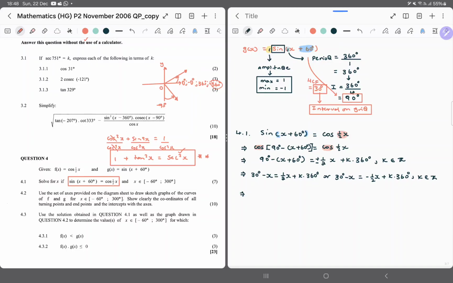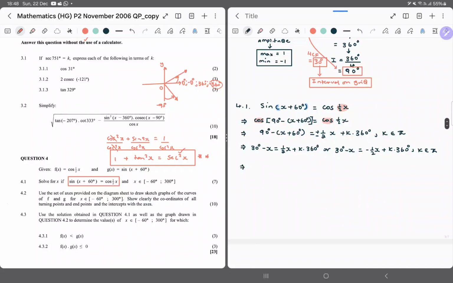Then we go on. Now what is the next thing to do? We just keep solving. So we bring x to that side, we take 30 to the other side. When we bring x, it's going to be minus x minus a half x. So this gives us minus 3 over 2x equals minus 30 degrees plus k times 360 degrees.